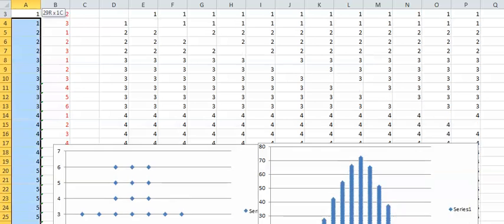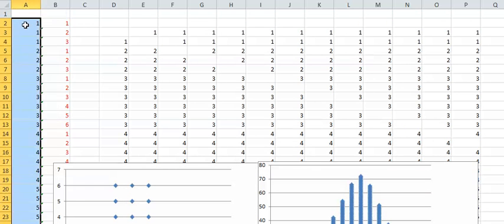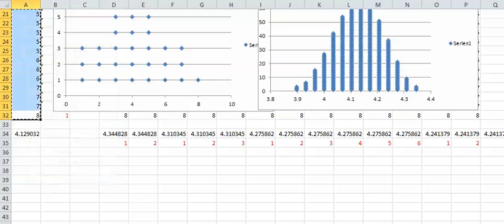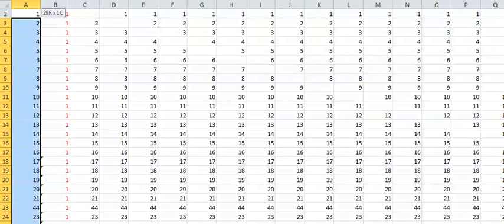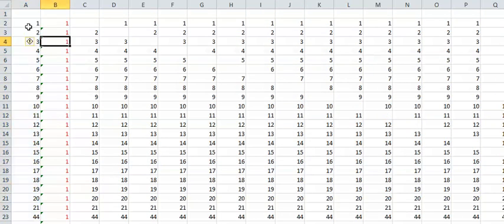Well, let's look at what the sampling distribution would look like. I'll replace this so it's the same population.